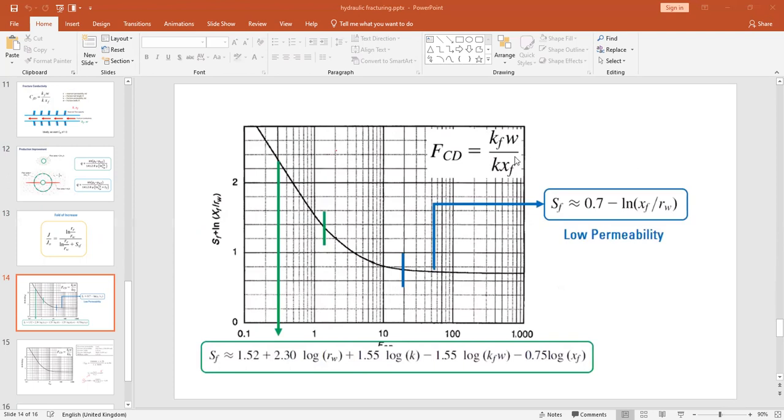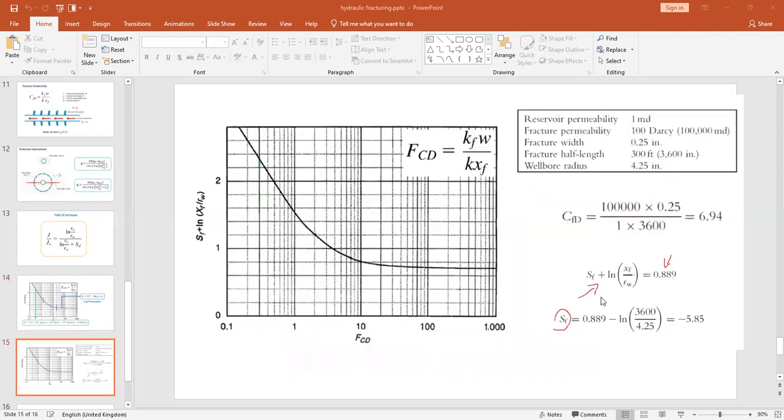the fracture conductivity. There's an exercise here that I just indicated. You calculate the fracture conductivity, which is 1.698, and I will come here to where 1.698 is.